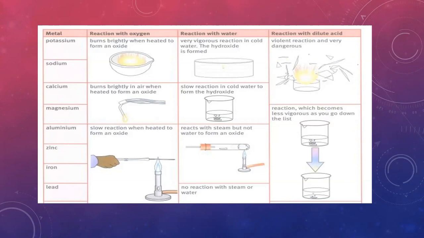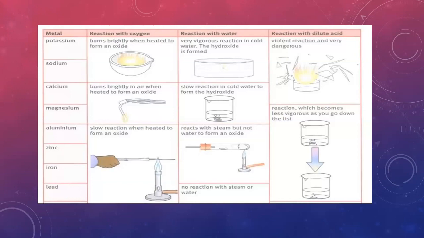A few minutes ago, we discussed the reaction between potassium and sodium with water. Do you remember that? We said this reaction is very vigorous in cold water. And what is the result? The hydroxide of these metals is formed.